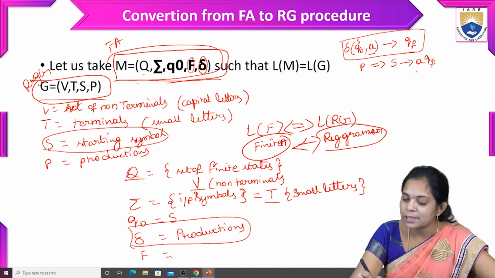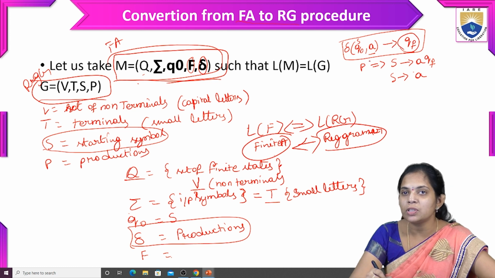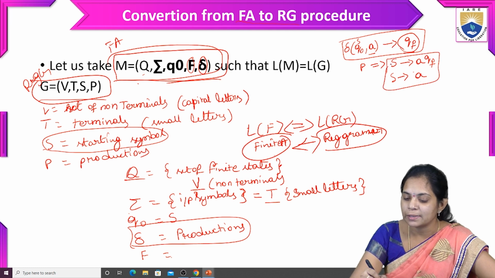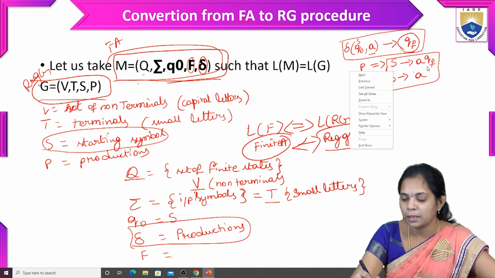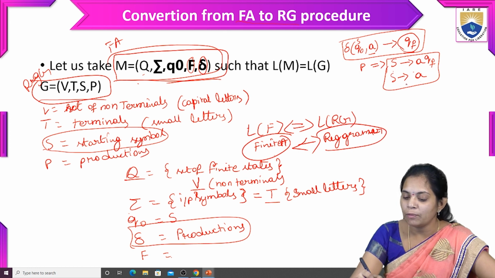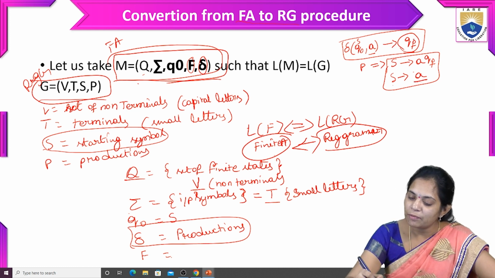So when it is reaching the final state, we have to represent the production rules like this: S tends to a, along with the final state, and one more production rule, S tends to the terminal a, when this is a final state.